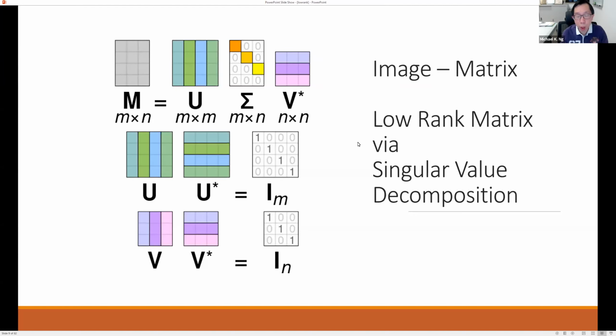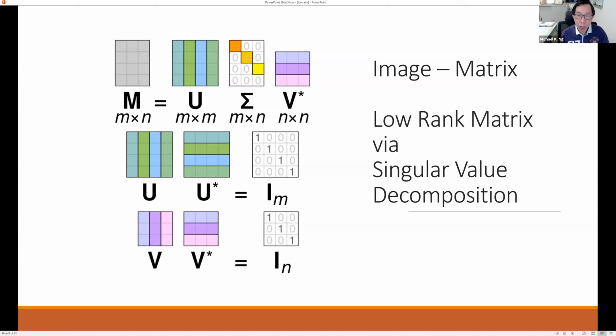And this is true, I think, as discussed in many research papers, which is why images are usually low rank, at least not exactly, but very close to low rank, because of the highly correlated pixels appearing in the picture.